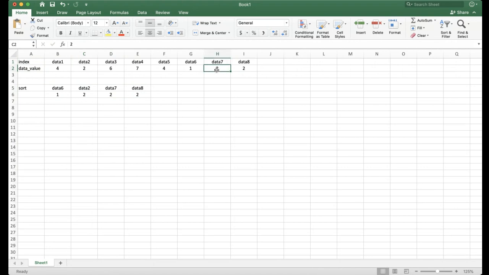So this was very first, then this one, and then this one. It's going to keep the relative order between the same keys, basically the same values.